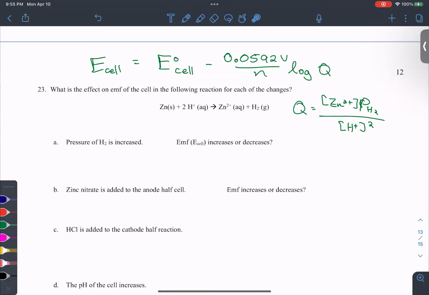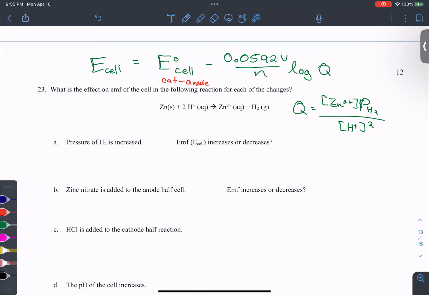But what if we change Q in such a way that we alter the actual measured cell potential away from the table values when we do cathode minus anode? So E cell naught is our cathode minus anode calculation. We won't always measure that value. We can change it depending on the concentrations.